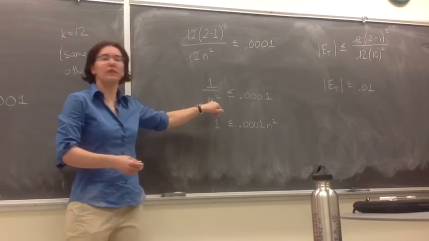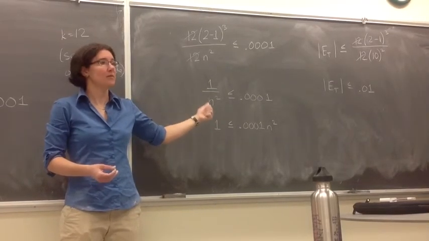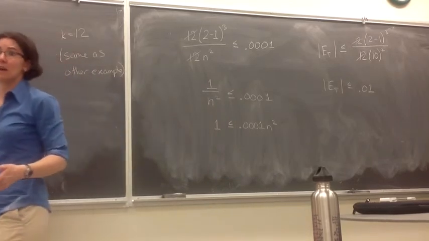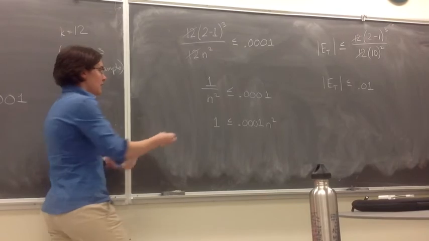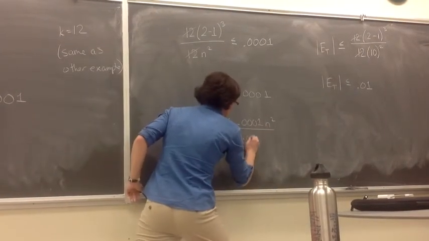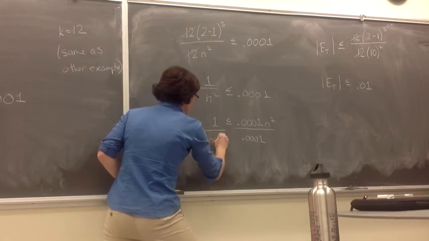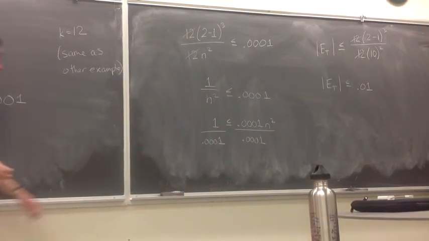Now, in this case, n squared, I know that n is, first of all, squared, so automatically positive. But even so, I know that n is a number of subintervals, so that's automatically a positive number. So I don't have to worry about my inequality here. I can divide both sides by 0.0001, also a positive number, so I don't have to worry about changing my inequality.